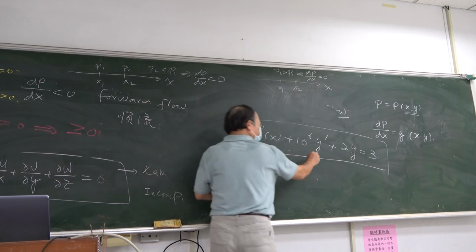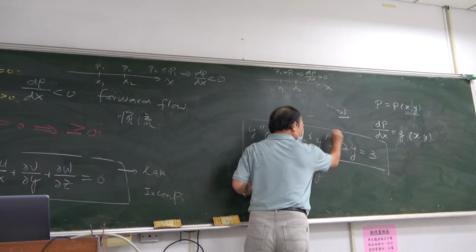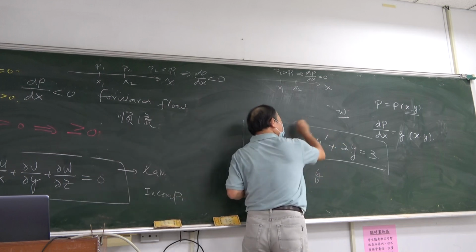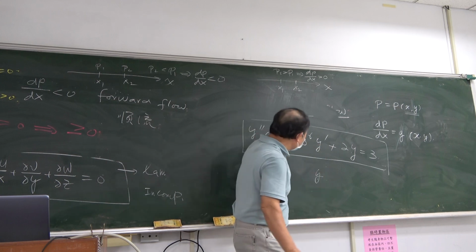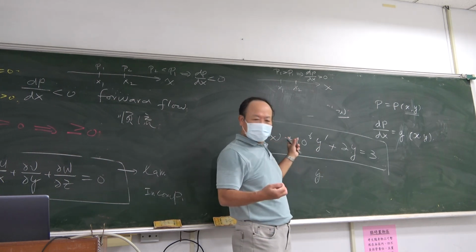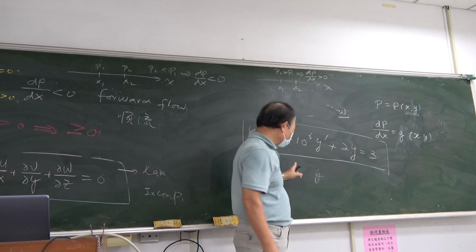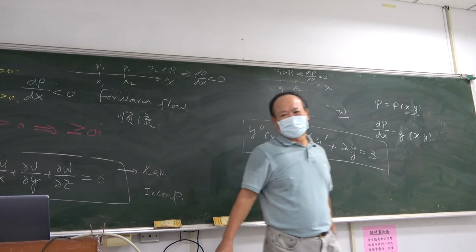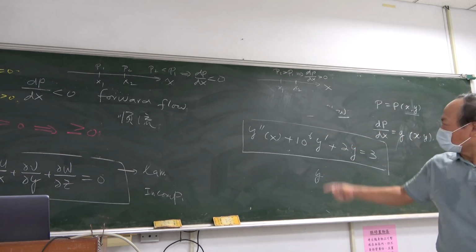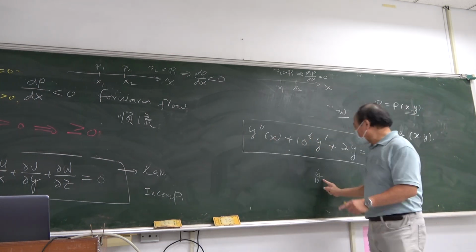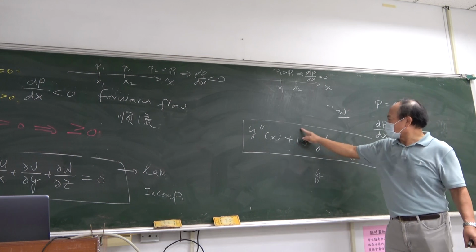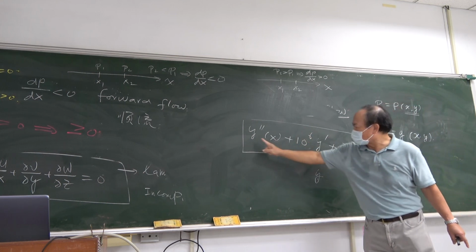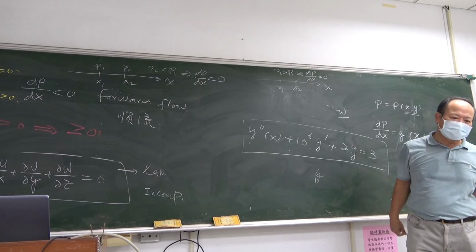If you solve this y directly, without neglecting this term, you obtain a solution, but the solution is wrong. 你知道，如果你直接去解这个y的solution，这个地方有一个系数，this coefficient is much larger than the other one.